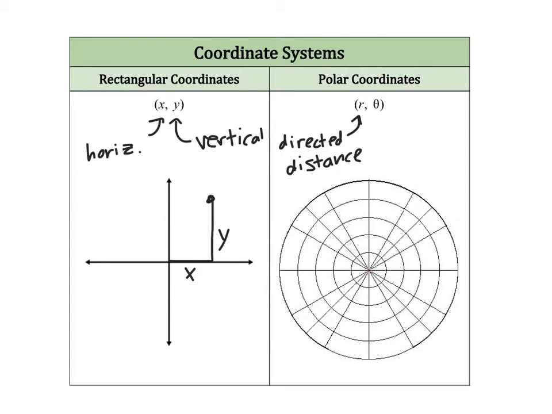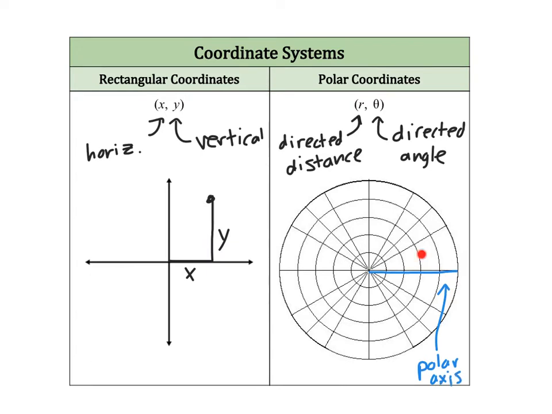Now theta, we call a directed angle. It's essentially just plotting or finding the angle just as you would on a unit circle. So this axis right here, which we know to be 0, we call the polar axis. And this is really our starting point.